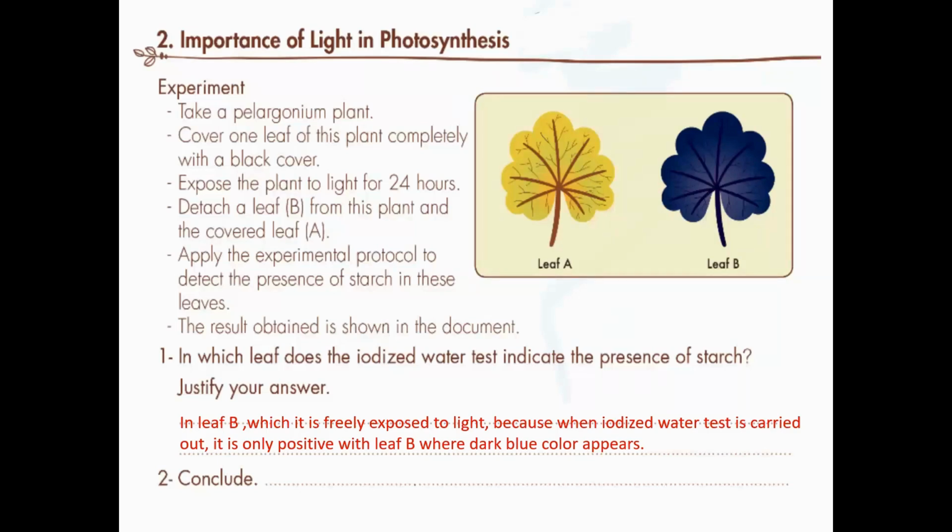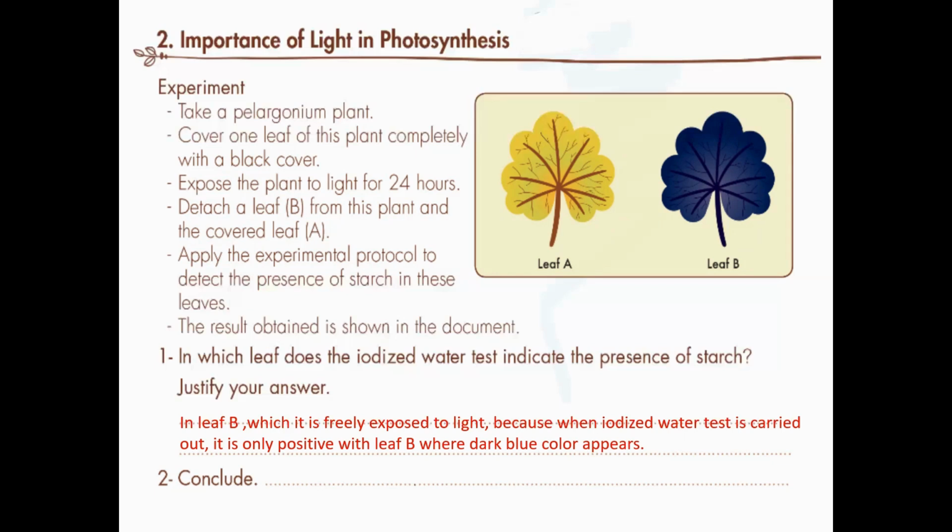Number one, in which leaf does the iodized water test indicate the presence of starch? Justify your answer. So you should indicate in which leaf, and you should justify your answer by saying why. First of all, if you observe well the two leaves, you will see that leaf A takes the color of the iodine solution, which is yellow, while leaf B, the color turns dark blue. And also in the previous sessions, we have learned that in order to test the presence of starch, we put iodine solution.